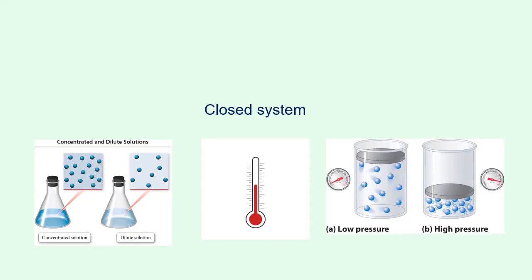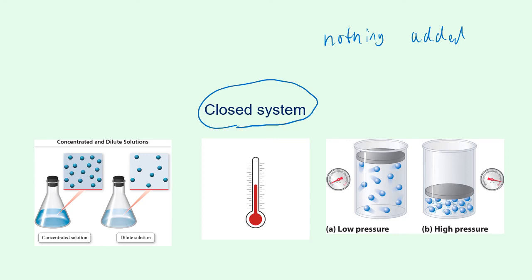The only other thing to say about dynamic equilibrium is it needs to be in a closed system. By a closed system, we mean that nothing is added to it during the reaction, and nothing is lost from it.